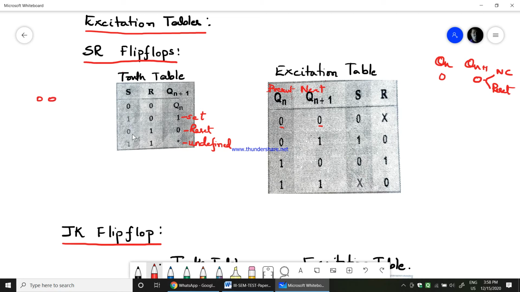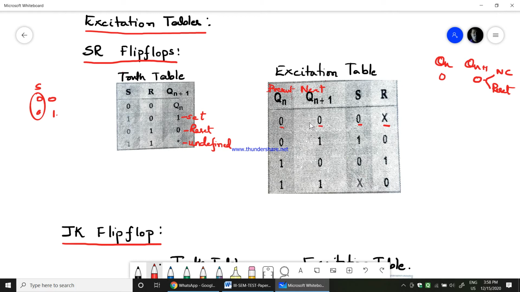Reset state is when S and R is 0 1. Therefore S remains 0, but R can be 0 or 1. Therefore I'll take S as 0, R as don't care. Don't care can take two values, 0 and 1. For both 0 0 and 0 1, we see the present state 0 will remain 0 in the next state.